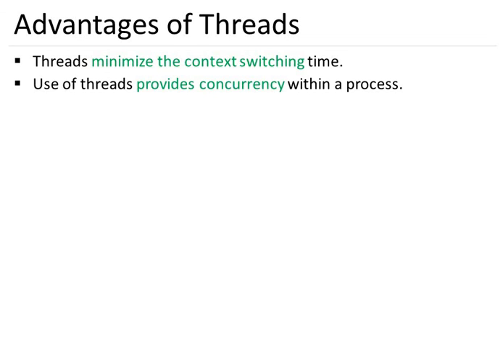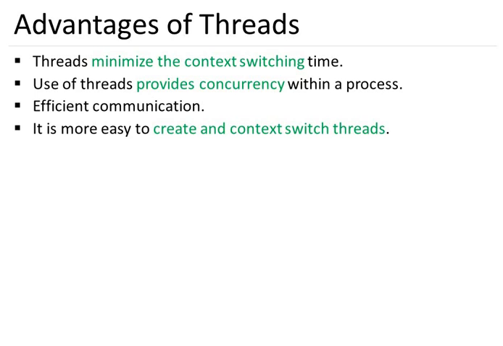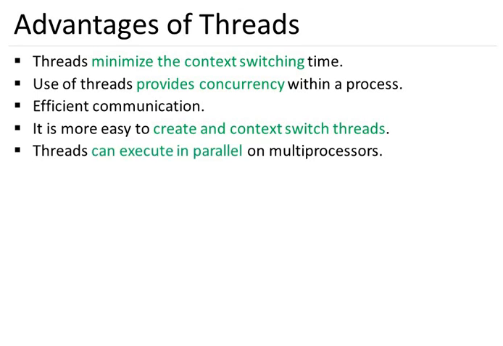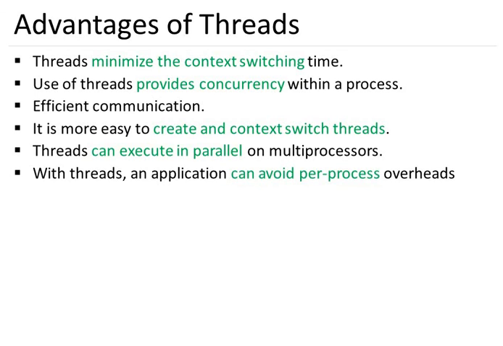The use of threads provides concurrency within the process. Obviously the process is divided into threads, and you can execute any thread, which means it provides concurrency. Communication is efficient, and it is easier to create and context switch threads. Threads can execute in parallel on multiprocessors.